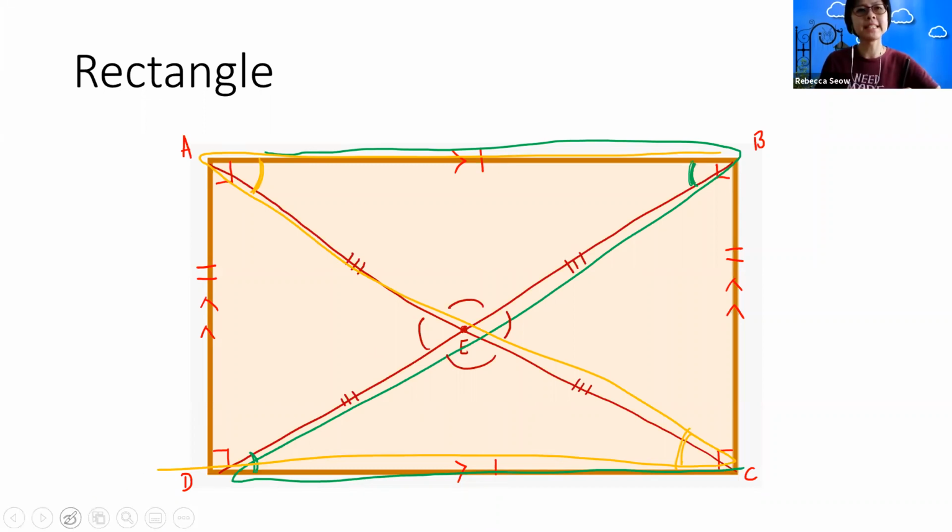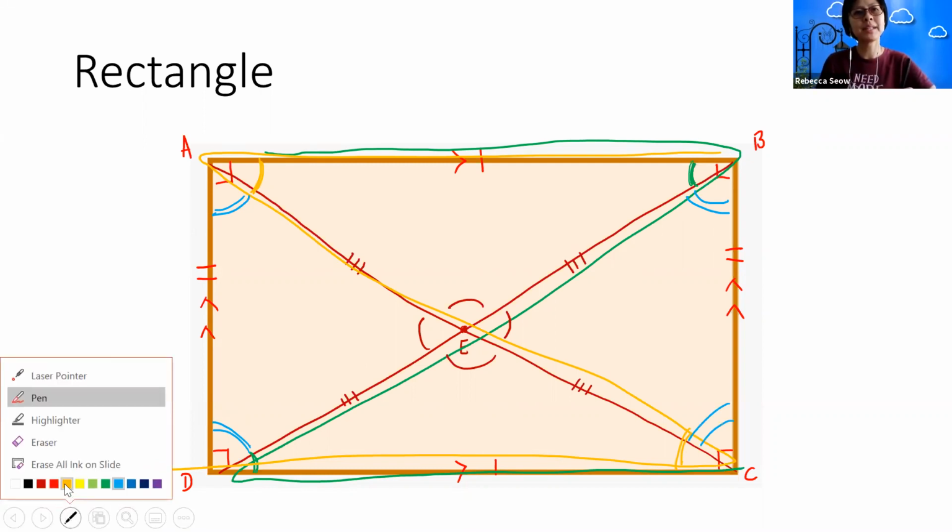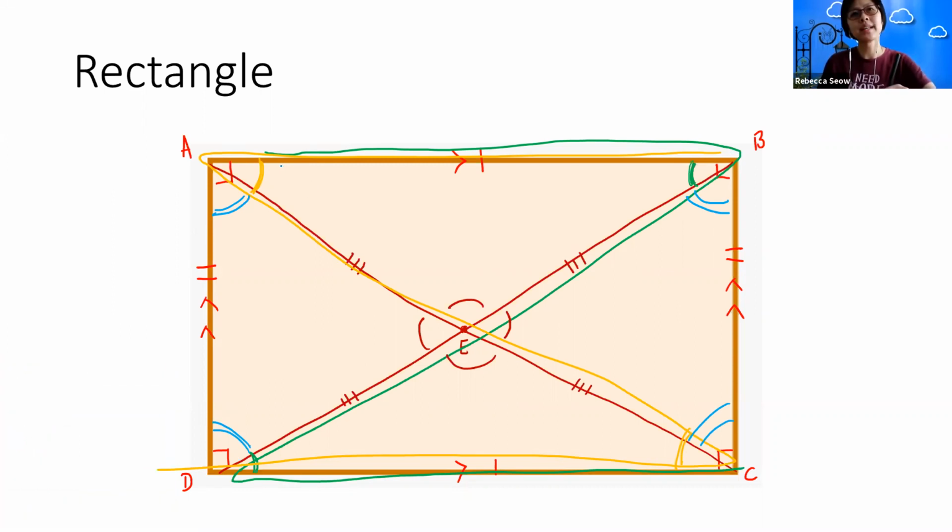What else could we see? We could see that the two angles here, because it's isosceles, are the same. So for these two angles, they are exactly the same. With regards to the bigger triangles, top and bottom, we could also say that these two angles are the same. And these are the same.